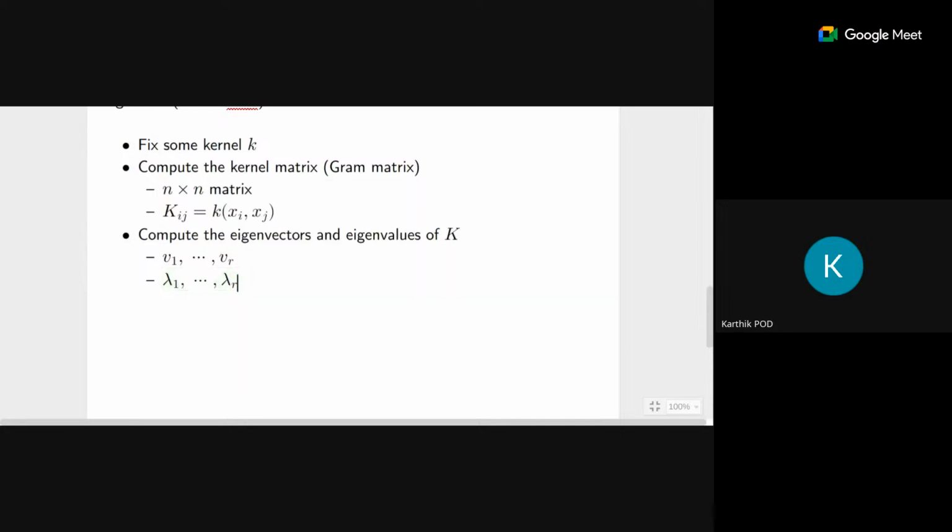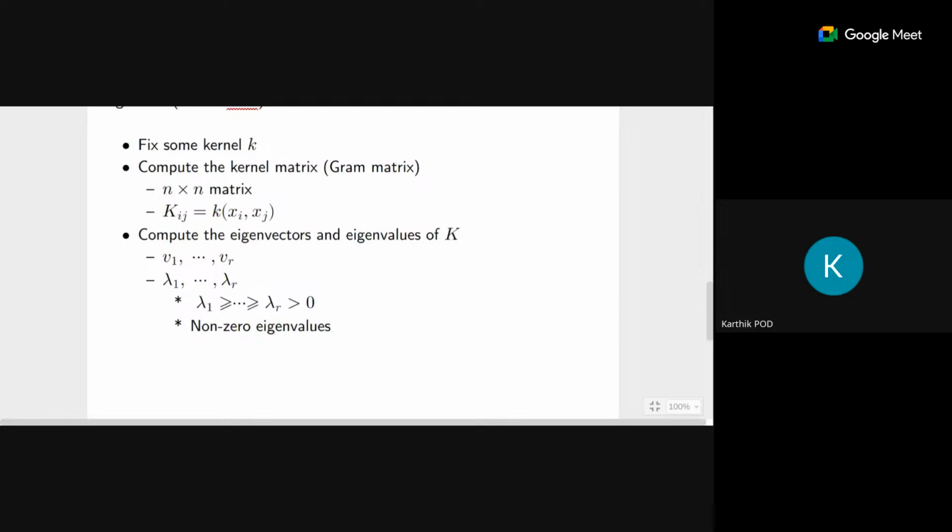These two conditions you must know: the eigenvalues are in decreasing order, lambda 1 greater than or equal to ... greater than or equal to lambda r, and these are all greater than 0. Some of them may be 0, but I am choosing r in such a way that these are all non-zero eigenvalues of the kernel matrix.